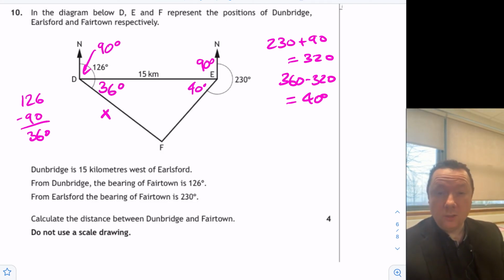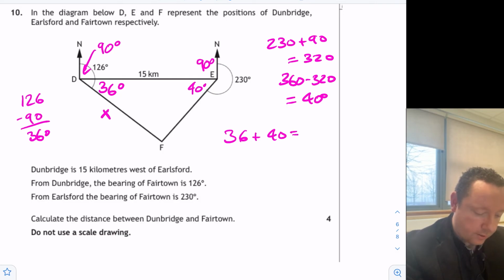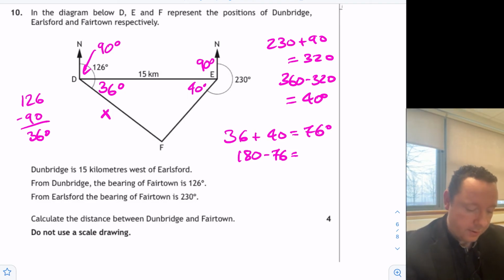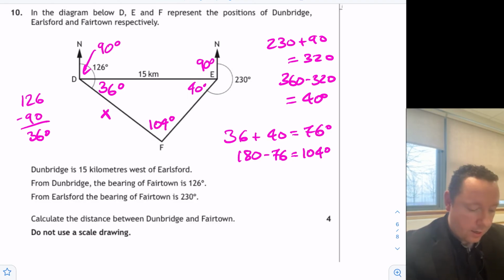Once I've got two angles inside the triangle, I may as well just find the third one, because chances are I'm going to have to use it. 36 plus 40 is 76 degrees. 180 minus 76, because angles in a triangle add up to 180, gives us 104 degrees. So we can write that down here. And now we can check what it's asking us.